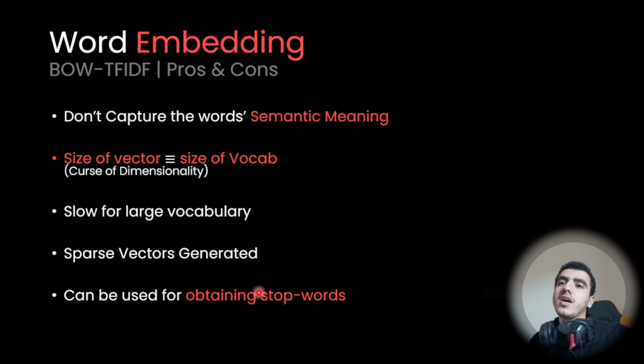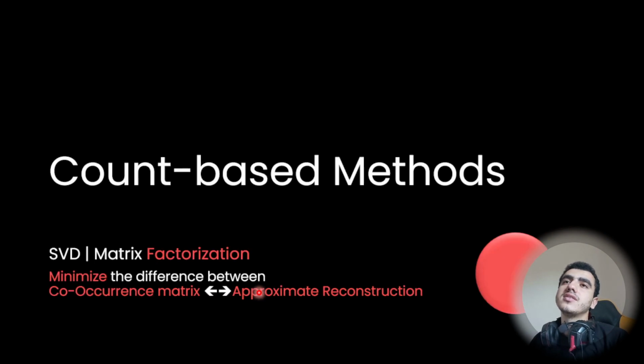Okay, and another thing is a more improved way of calculating the embedding, which is using count-based methods that are more or less based on matrix factorization, or the SVD, the singular value decomposition.